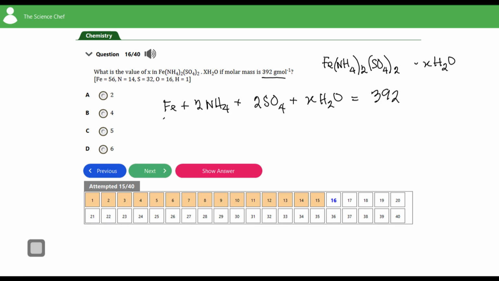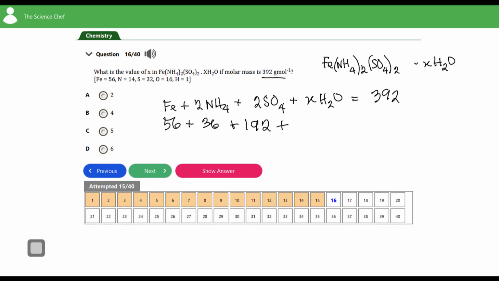Iron is 56, so that's 56 plus, nitrogen is 14, hydrogen is 1. 1 times 4, 4. 4 plus 14, that is 18. 18 times 2, that's 36. Plus oxygen is 16, sulfur is 32. 16 times 4 is 64. 64 plus 32, that's 96. 96 times 2, that's 192.